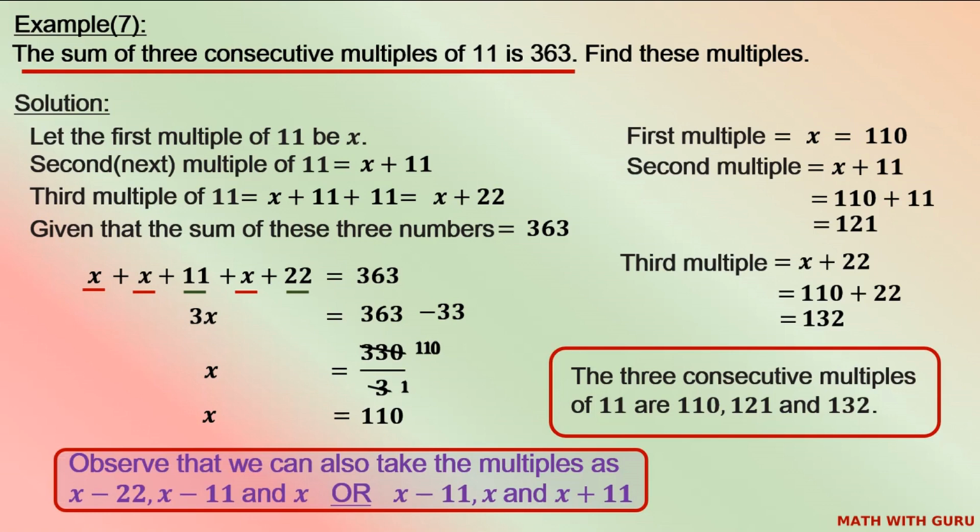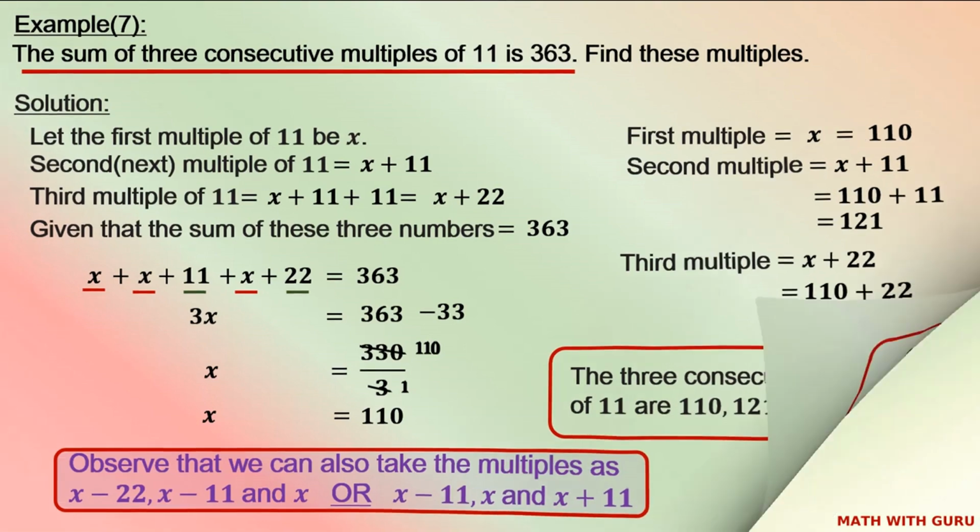Or if you take the second multiple as x, then the first multiple will be x minus 11 and the third multiple will be x plus 11. You can solve this equation in this way also. Please give it a try.